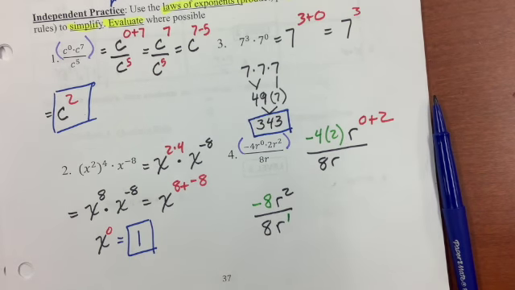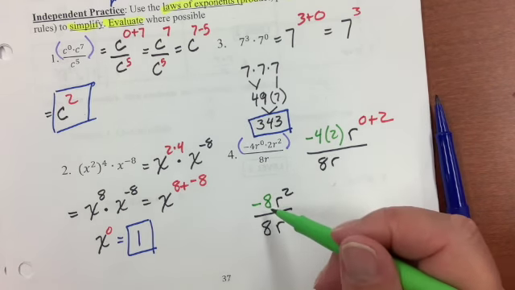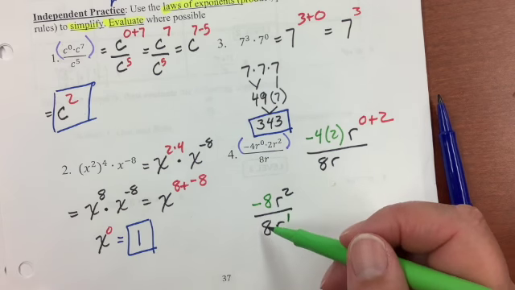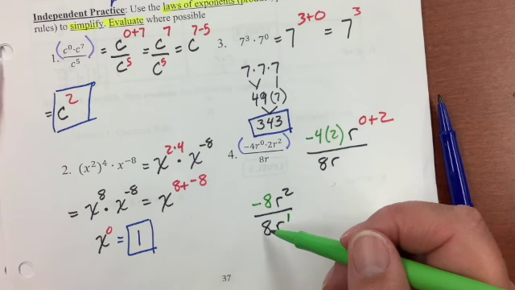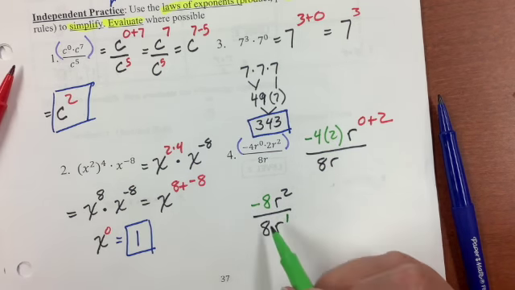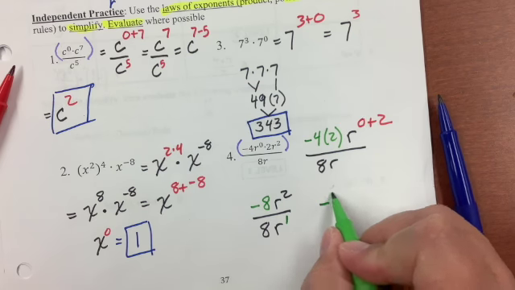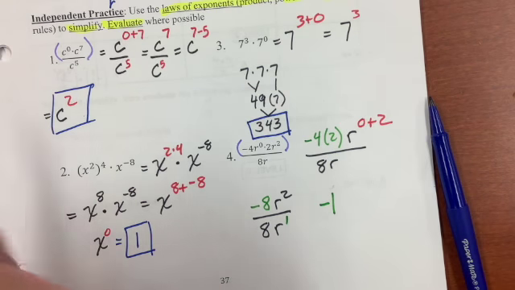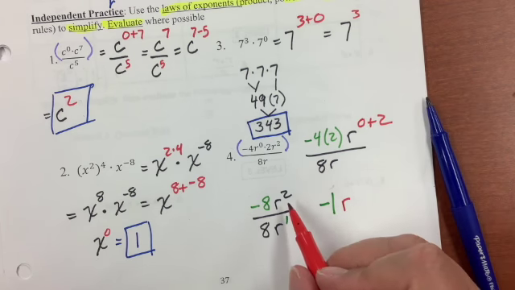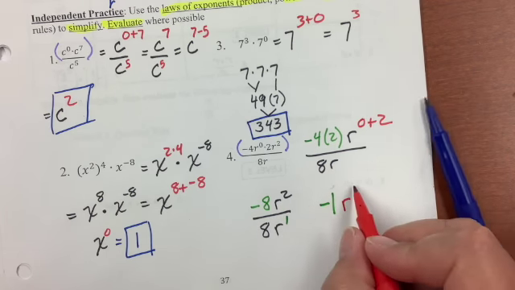But I just saw something. This looks like 8 divided by 8, but it's really negative 8 divided by 8. And negative 8 divided by 8 is negative 1. So my coefficient here is going to be negative 1. But I still have to keep the base and subtract the exponents, 2 minus 1.